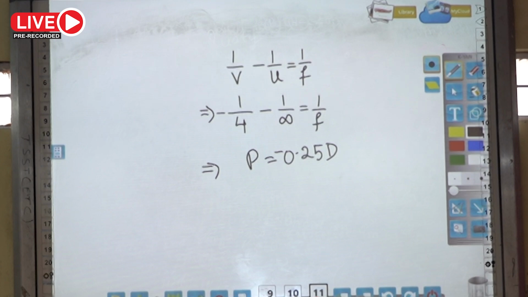Because for the calculation of the power in diopter, you have to convert the focal length into meter. So that's why 400 is converted into meter, and then we substitute with the proper sign.